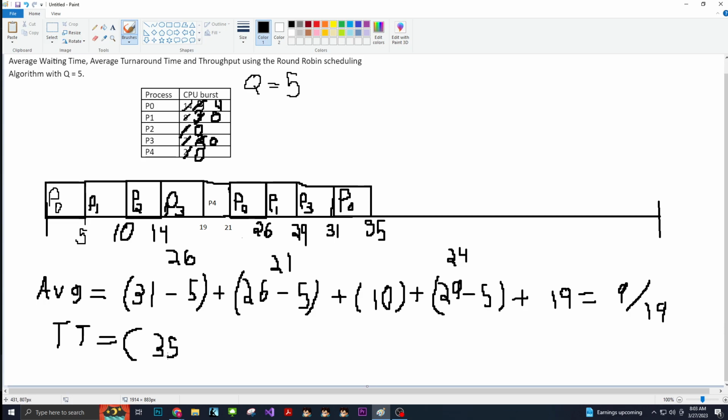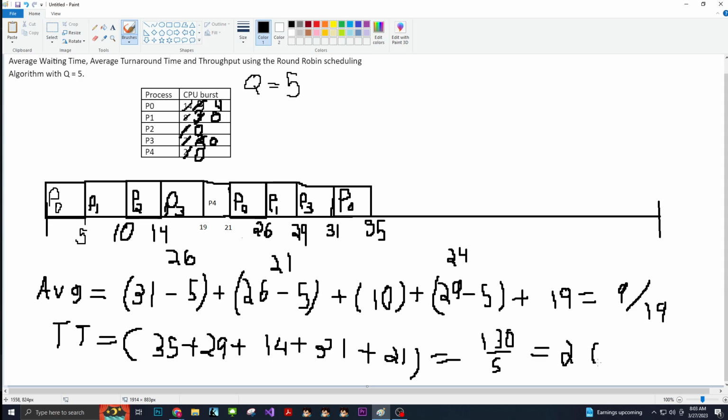So 35, 29, 14, 31, 21. And then that's 130 over 5.